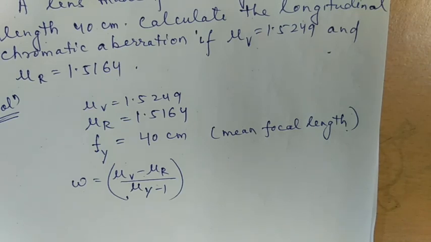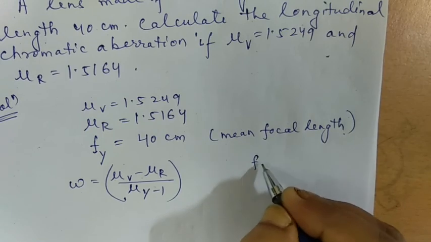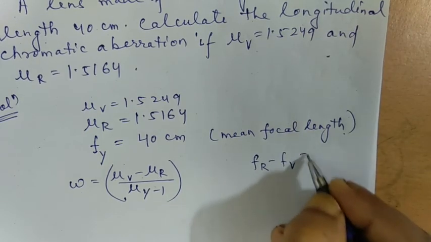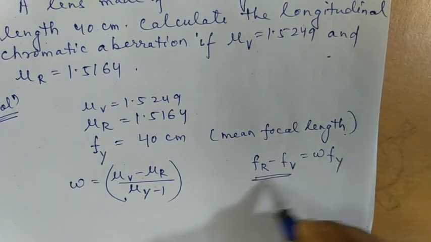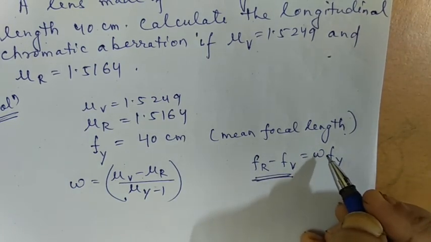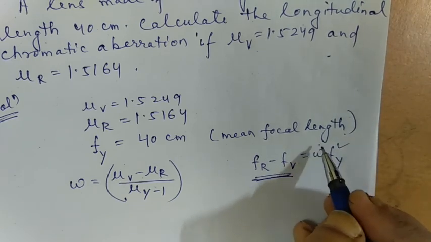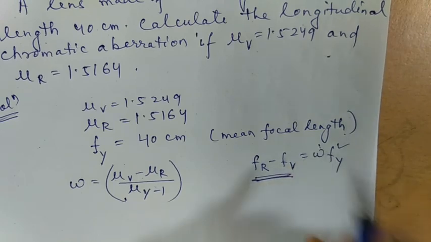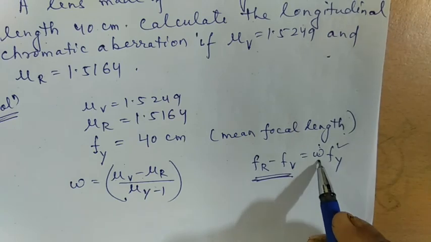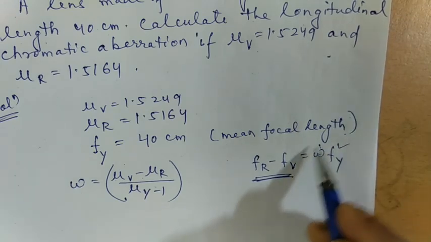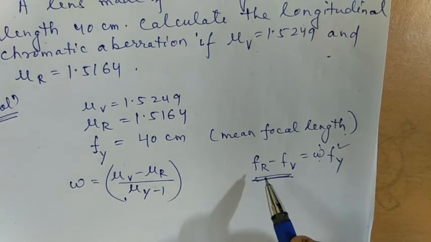Why I am considering this is because for the longitudinal chromatic aberration we had a relation, that is FR minus FV is equal to omega into FY. With us we have only this value, we don't have omega, so we have to calculate it. For this we have some data, so we can calculate omega, put this value here, and the product of these two gives you the longitudinal chromatic aberration. So we are going to do the same thing.